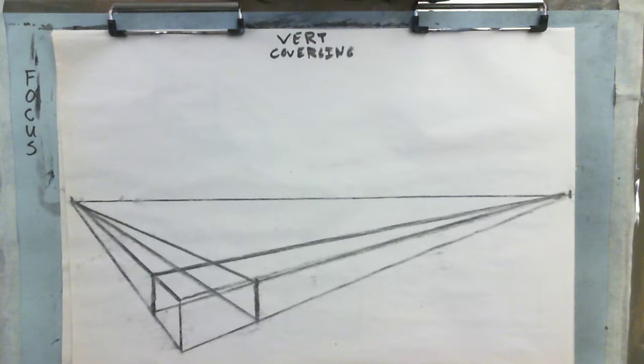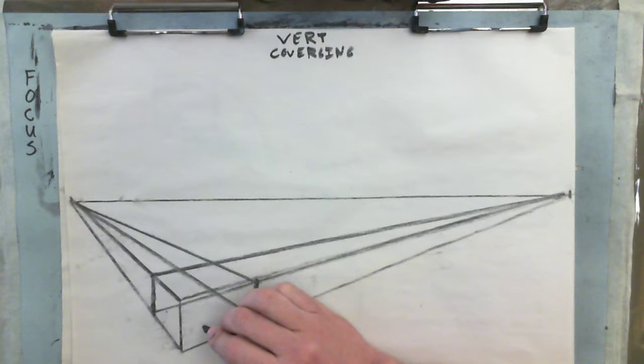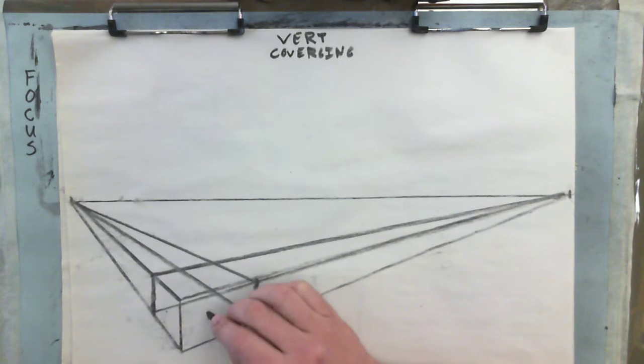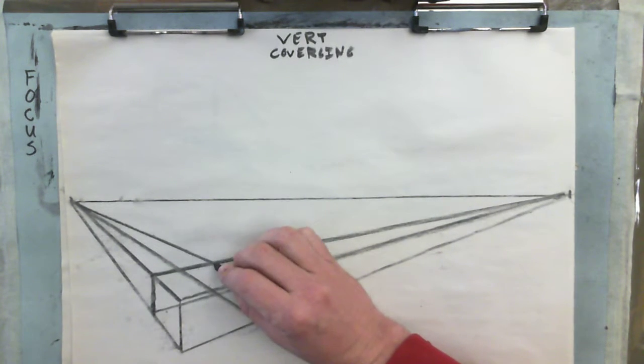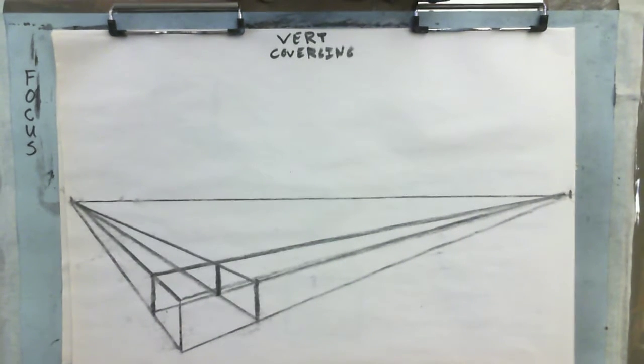Okay? And if I did everything right, I've got a top here and a bottom here, and I should be able to connect them with the vertical line. And that's not quite vertical, I have to fudge it a little bit, but if you do everything right, they should just about connect. Okay?